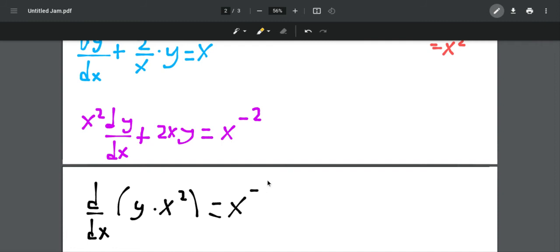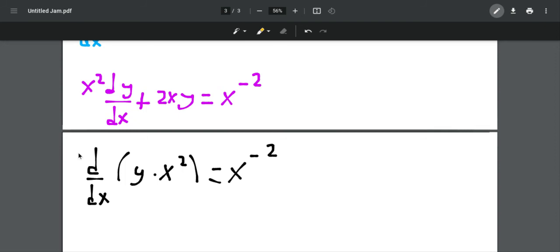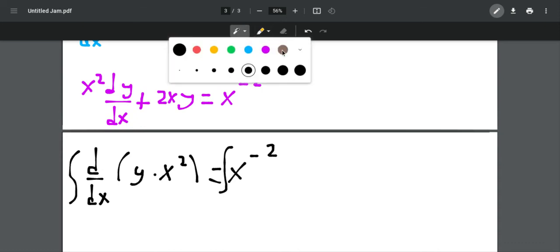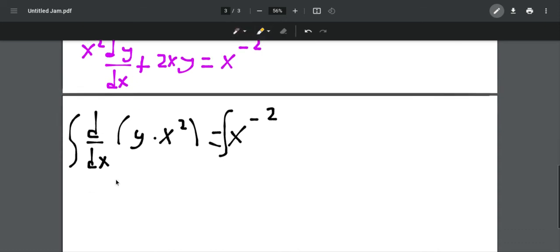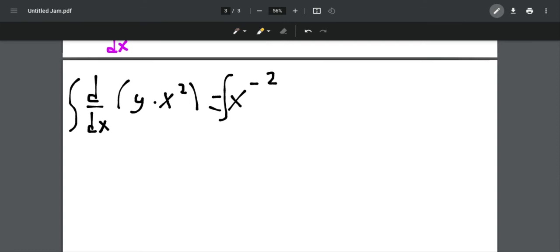Now we can integrate both sides, so we can get rid of dx. Because integral and derivative are opposite functions, they undo each other, so we just get y times x squared.